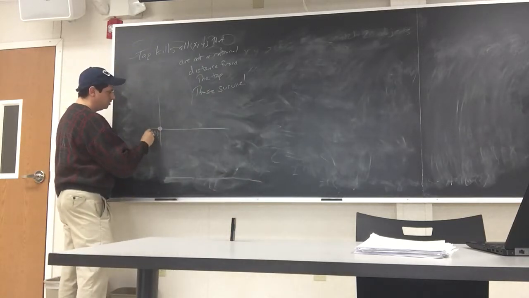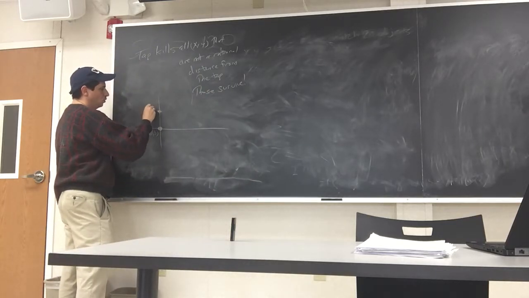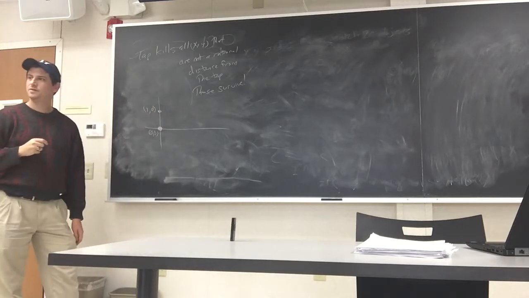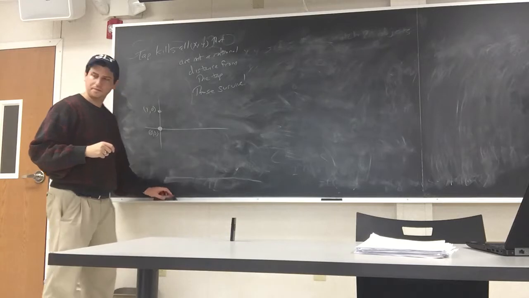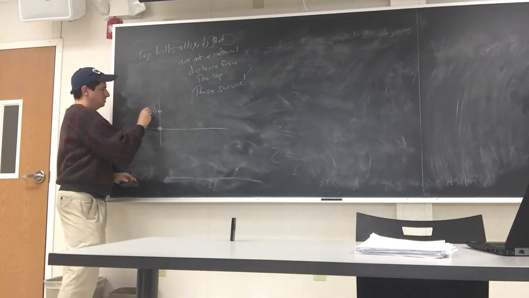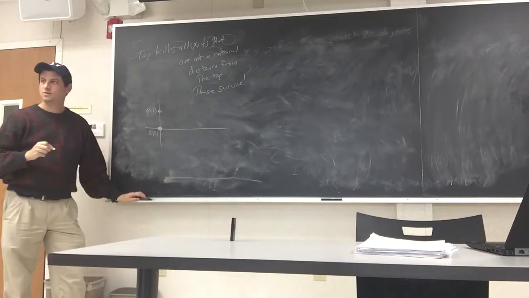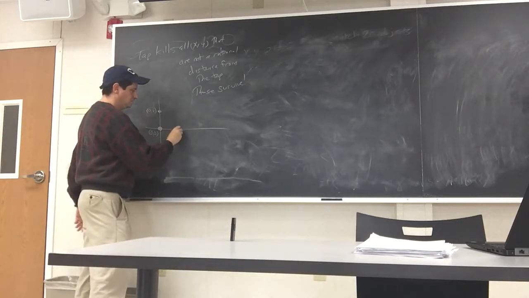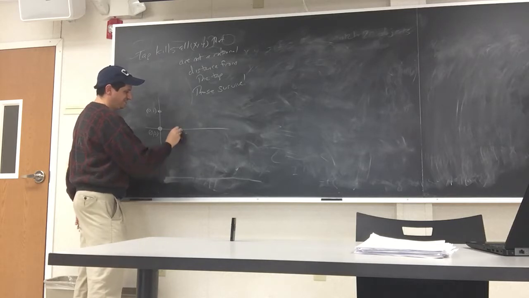So 0, 0, 1, 0, and what else? Then it's 0, 1, right? Oh, you did 0, 1? And then I tap at 0, root 2. Okay. Or root 2, 0, whatever you want.